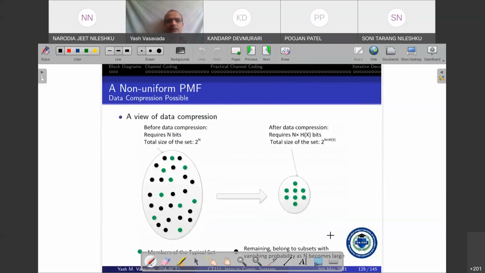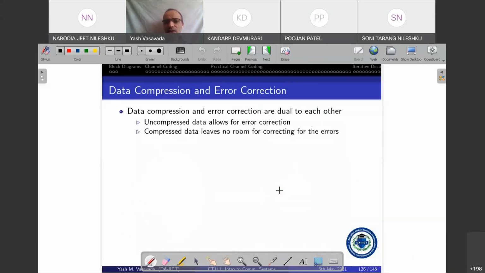So basically, if you look at a source encoder and what happens after the source encoder, the diagram looks like this. The source generates some data of length n bits, but the typical set has the size of only 2 to the power n times the entropy. So we need a smaller number of bits to represent the source output.